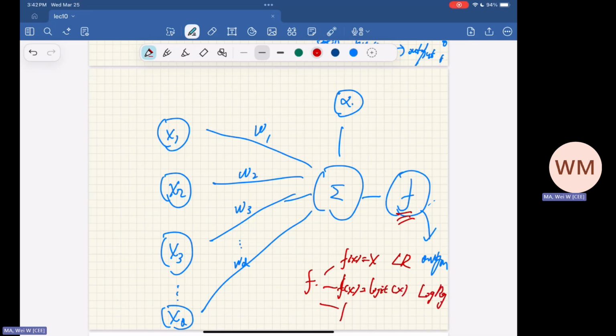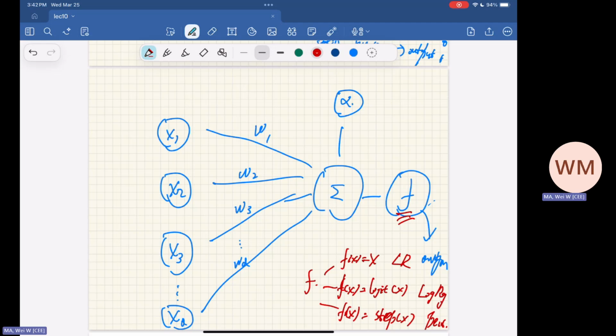If f(x) is a step function, then it's the perceptron. So we have a very universal framework that can coherently integrate linear regression, logistic regression, and the perceptron.